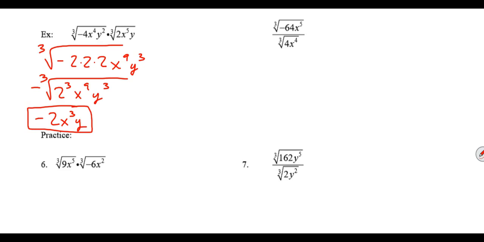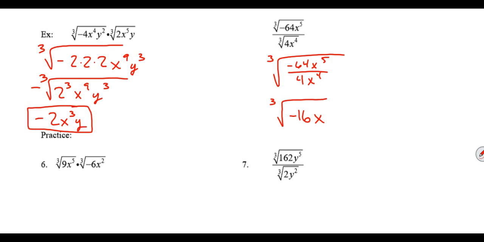Let's look at this one, right? Let's simplify, right? Negative 64 x to the 5th over 4 x to the 4th. Negative divided by positive. Let's do our index. So that's negative 16. Subtract those exponents, I end up with x.